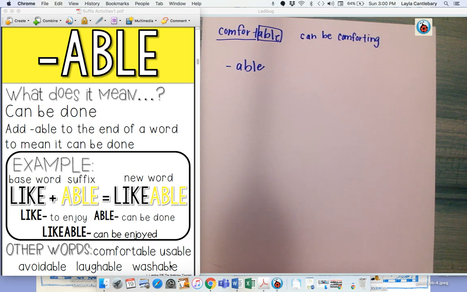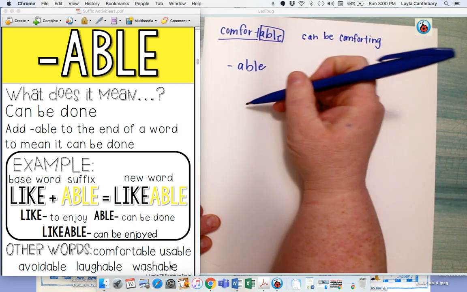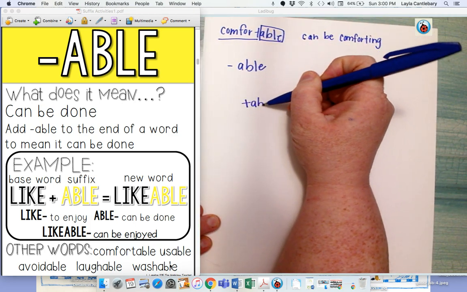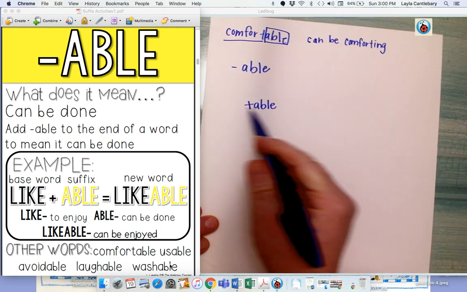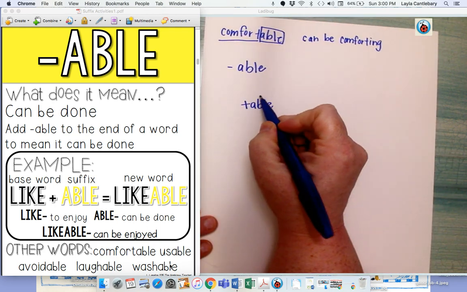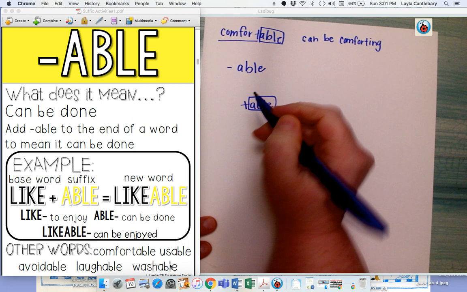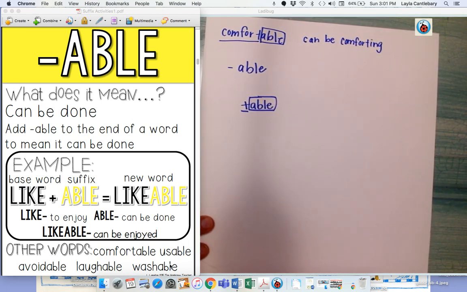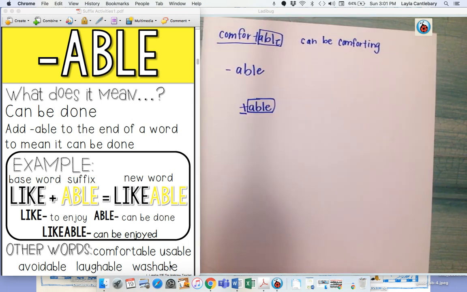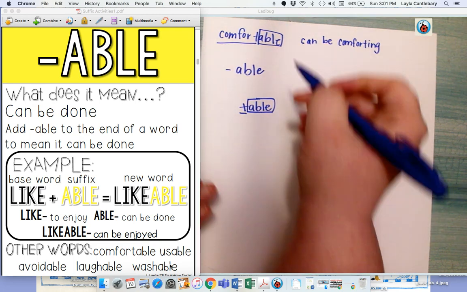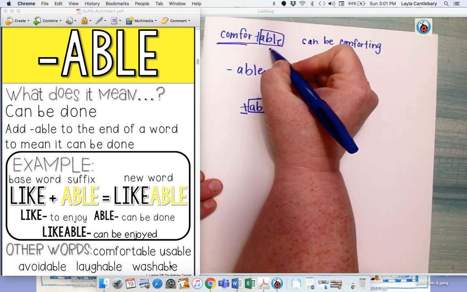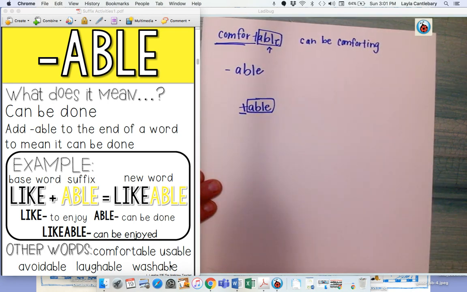Now remember, I'm going to give you a non-example. For example, if I wrote table down, that isn't right. Well, it does have able at the end of it, but is T a word in itself? No. This is not a suffix word, this is just a regular word. I said prefix and I meant suffix, excuse me.